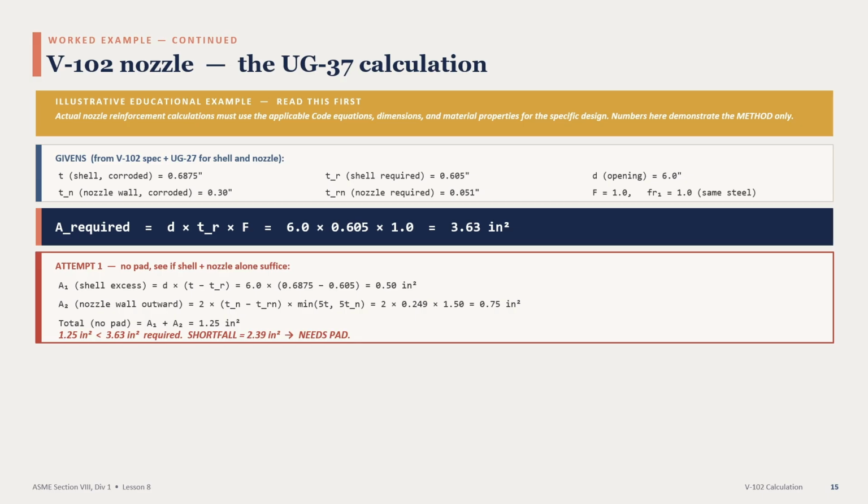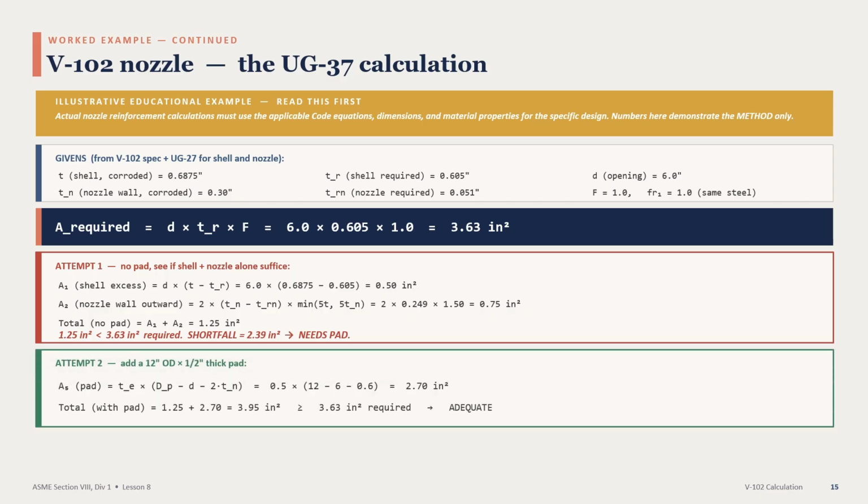So total available without a pad, A1 plus A2, equals 1.25 square inches. We need 3.63, a shortfall of 2.39 square inches. Not even close. Nowhere near enough. So we need a pad.